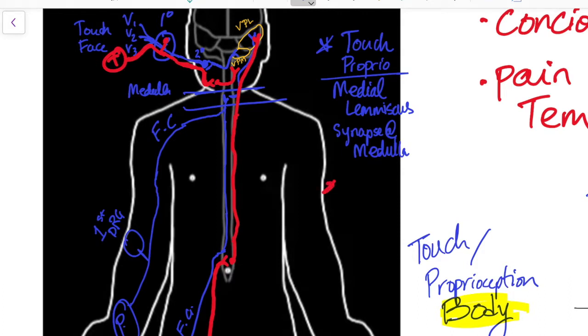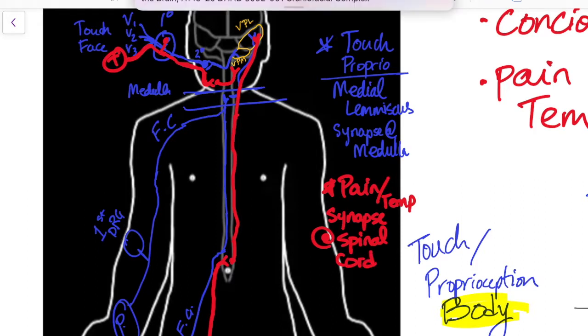Whereas the pain and temperature, because it has to happen so fast, will synapse at the same level of the spinal cord. So that is everything I was trying to say in this image. Didn't want to confuse everyone. So pain, temperature, synapse at the same level of spinal cord, the second cell body, whereas touch and proprioception can wait. It travels in the fasciculus and will synapse in the medulla. So just remember, it always goes from our spinal cord.